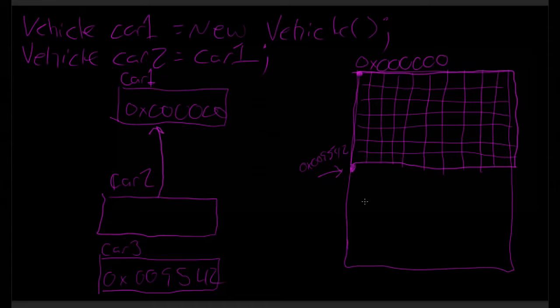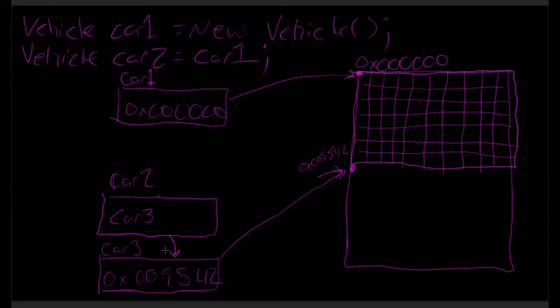So this is the new location that car3 is pointing to. And car2 is now pointing at car3. So no longer is it pointing up here. Car2 is now pointing at car3. So hopefully that makes sense.